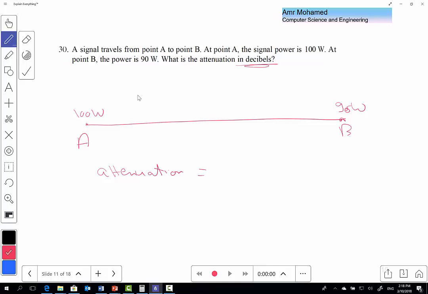Since the requirement is in decibel, we know that the attenuation is 10 log 10 of P2 divided by P1. Okay, so that's 90 divided by 100. So this is 10 log 10 of 0.9.